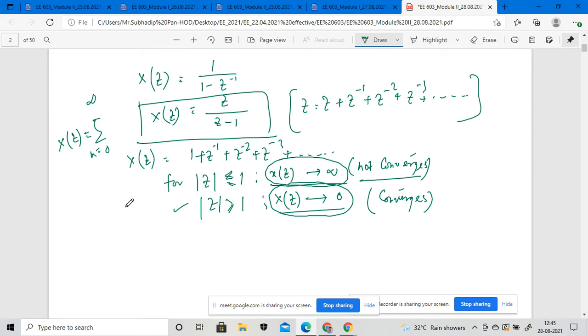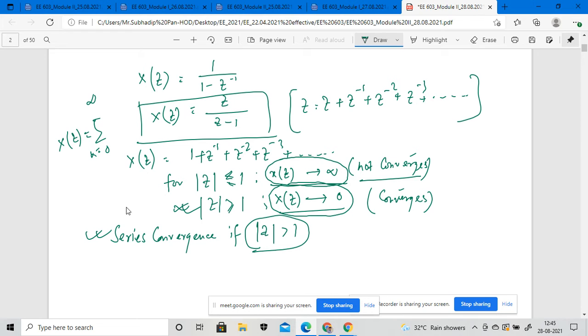In this particular application area of the z transformation, if series convergence occurs, then it should be considered that the mod of z is greater than 1, just like this.